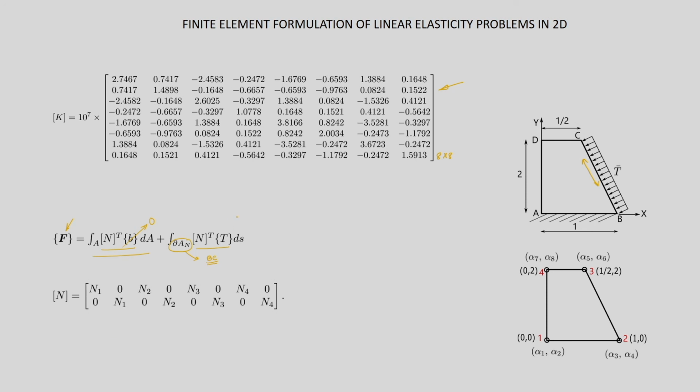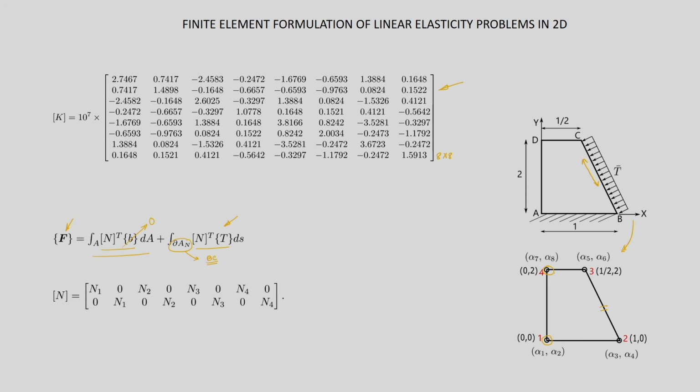Now let us see how we can calculate the contribution of the traction force acting along the edge BC on the global force vector. If I look at the discretized domain along the edge BC, which corresponds to the edge connecting node 2 and 3, along that edge the shape functions n1 and n4 are 0, because of how we constructed them.